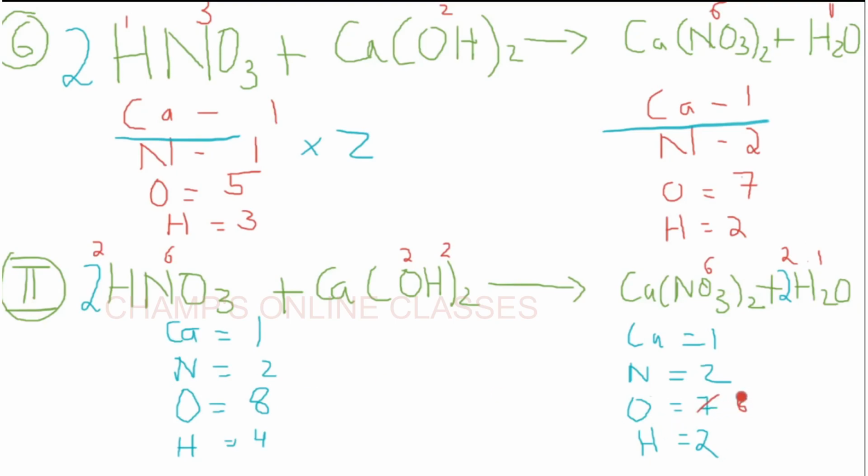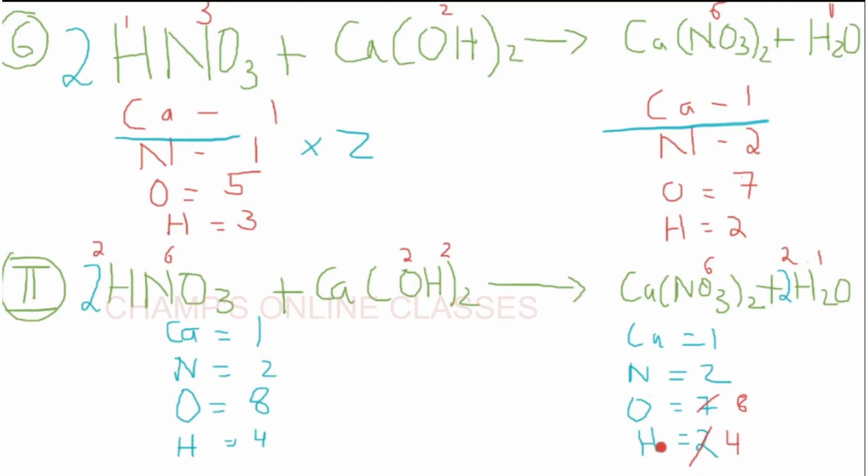Now let's count hydrogen again. So now here nothing has changed. It was 4 earlier. Again there's 4. Let's count on product side. How many hydrogen are there? This coefficient 2 multiplied by this subscript 2. So 2 2s are 4. So now even hydrogen changed.